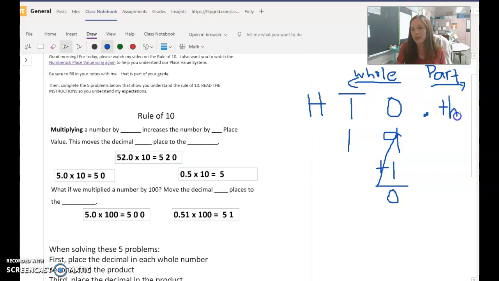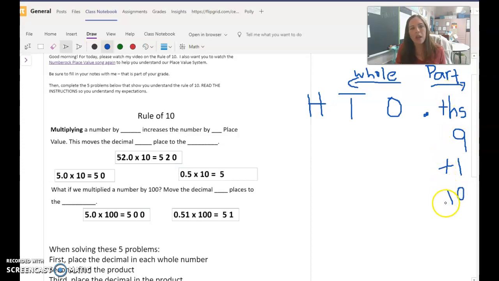Okay, so let's look at our tenths. That's what's next on this side of the decimal. If I had 9 tenths and I added one more, well, I couldn't fit 10 tenths in one place value.